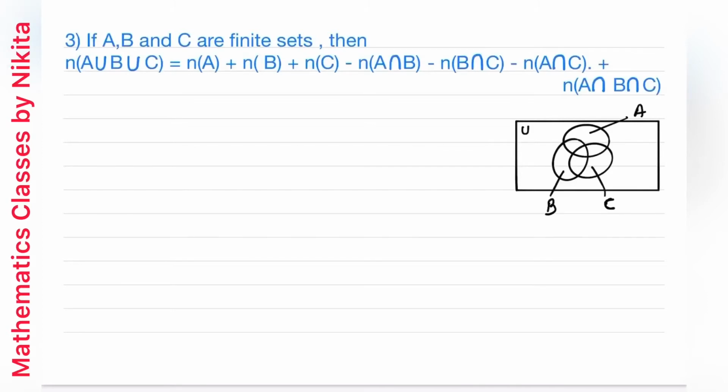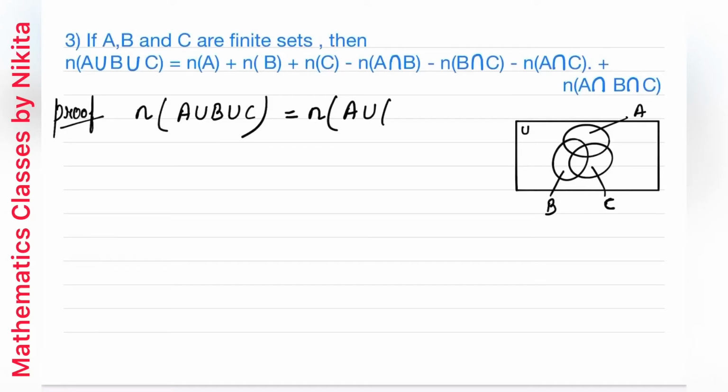The proof can be derived from the last one, that is, formula 2. Now for that, what we will do is, I've told you that this thing can be written as the number of elements in A union B union C. So I have taken B union C in bracket.